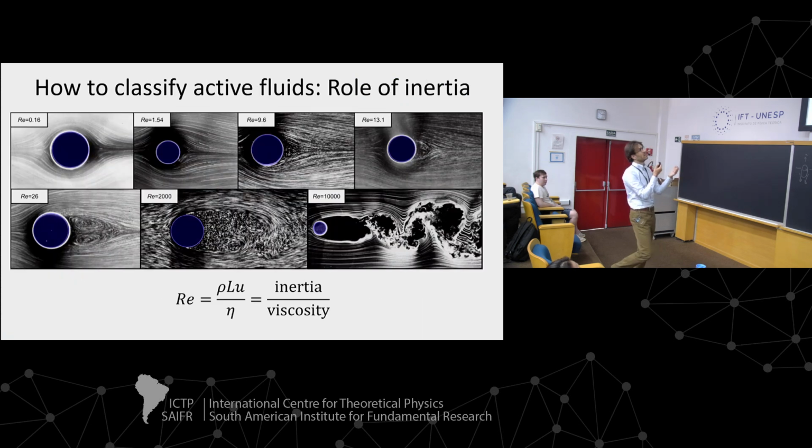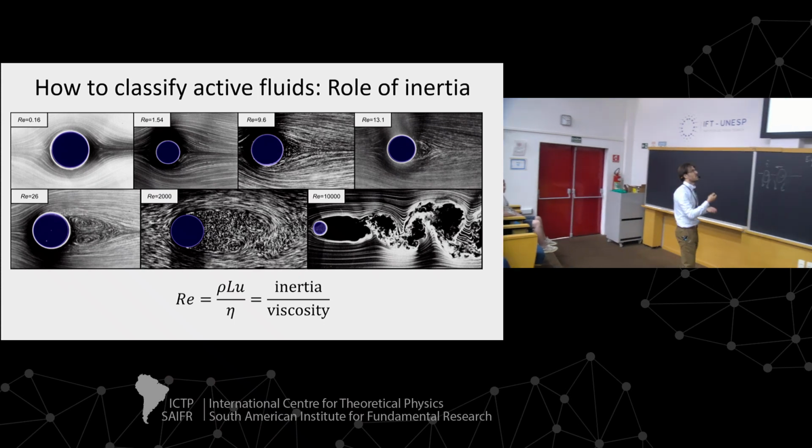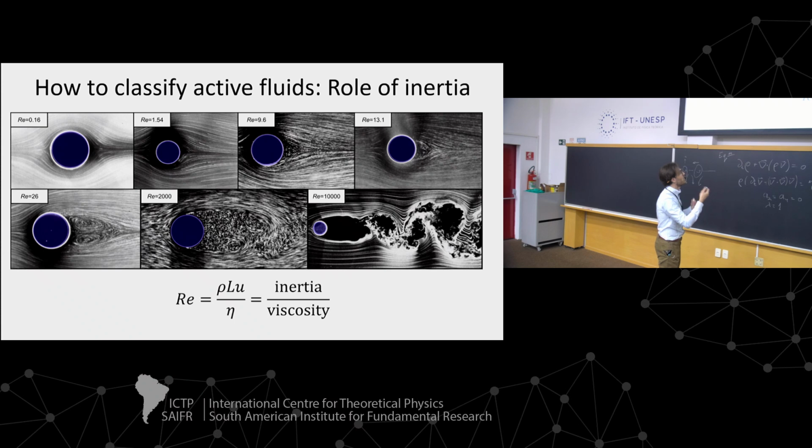The other term that has come up a lot here and will come up again and again is inertia, or vice versa, the overdamped limit, which just means the limit where inertia isn't present. In equilibrium dynamics, there's a very well-known parameter that quantifies the effect of inertia, which is the Reynolds number.